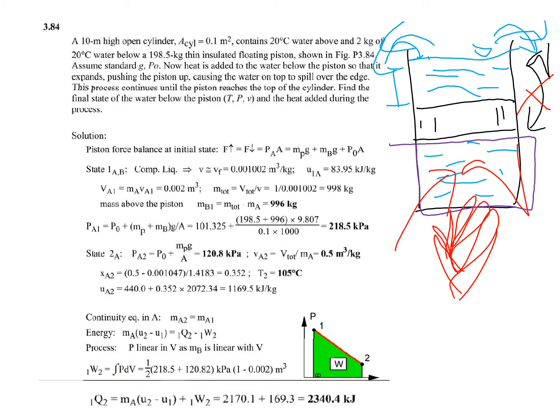As we know, hydrostatic pressure is linearly related to the height, and since it is linearly related to the height, the pressure will change linearly as shown in this figure from 1 to 2.